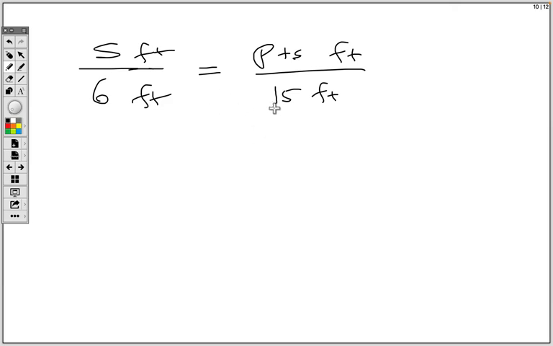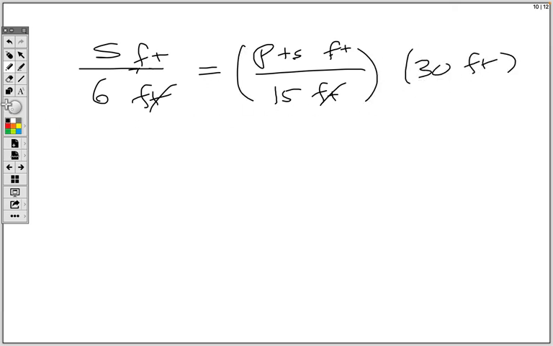Now we can clear the fractions out by multiplying through by, let's see, let's not do this yet because we want to keep the units there. So we can clear the denominator by multiplying through both sides by 30 feet. So here the feet would cancel.